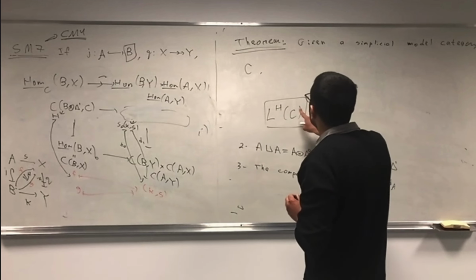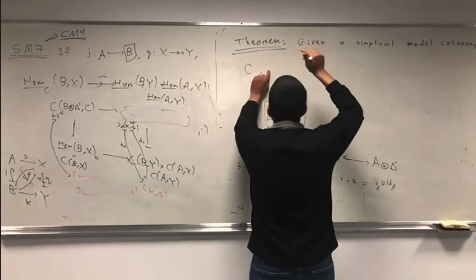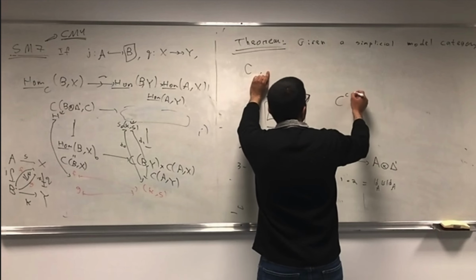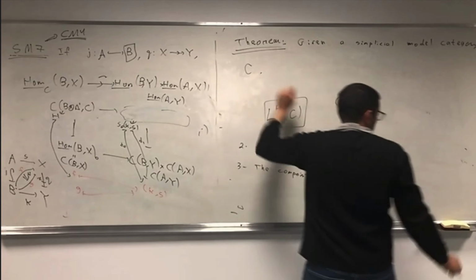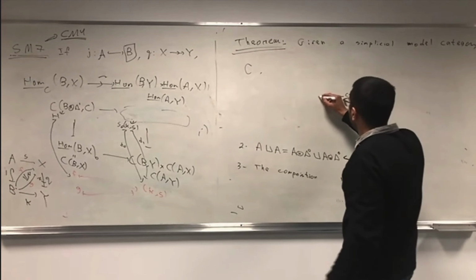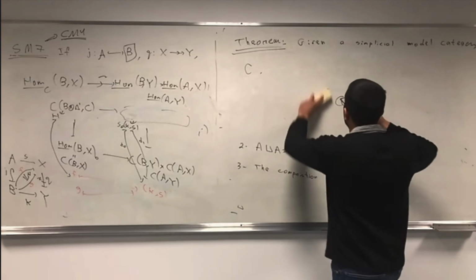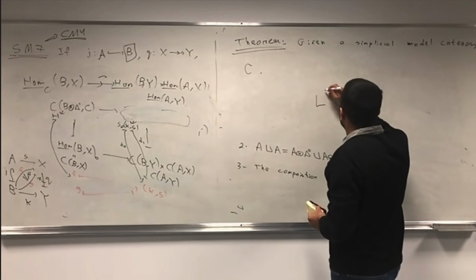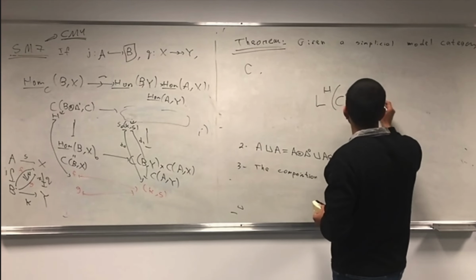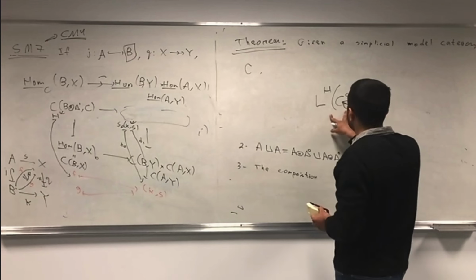I'm just confused about where I have to take the cofibrant. If we take this to be C, and F, the cofibrant and fibrant objects, okay, here, and we take the Dwyer-Kan of this, it will be equivalent, Dwyer-Kan equivalent, we mean here, because this is a simplicial category.